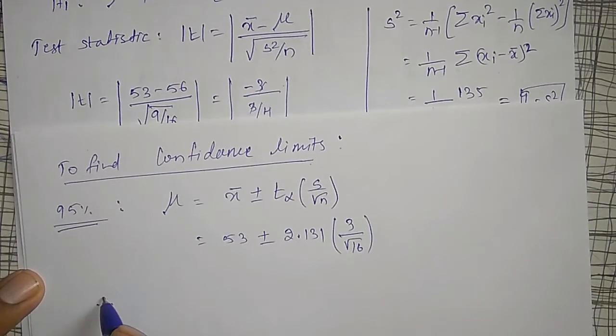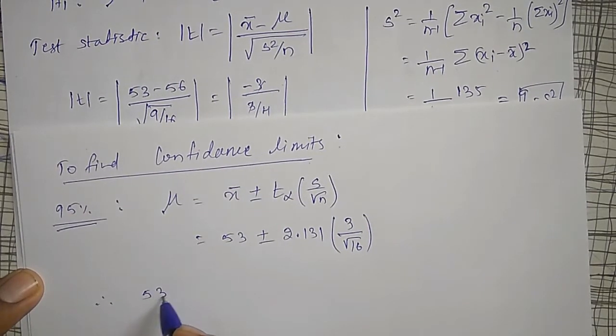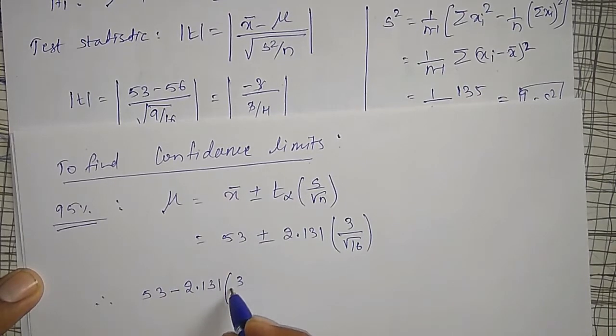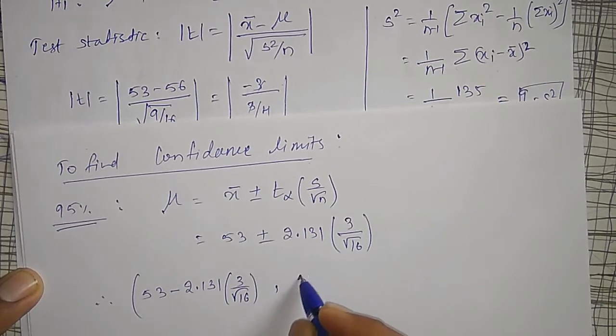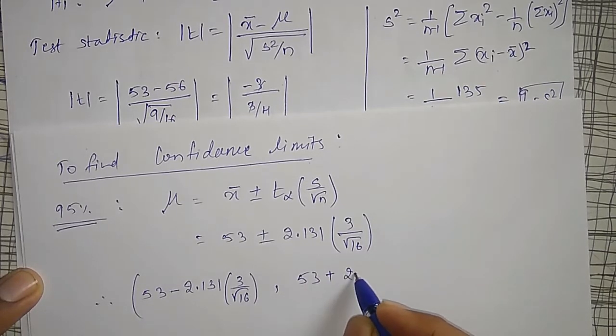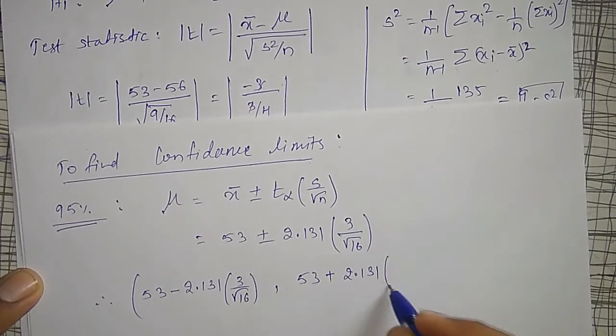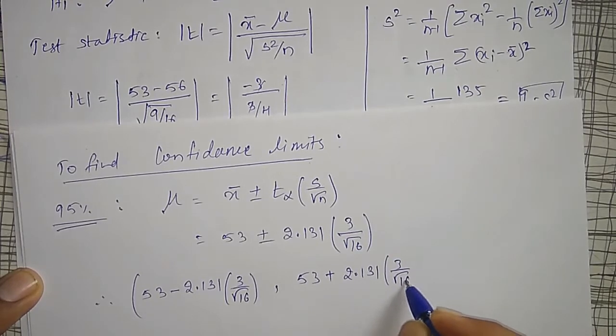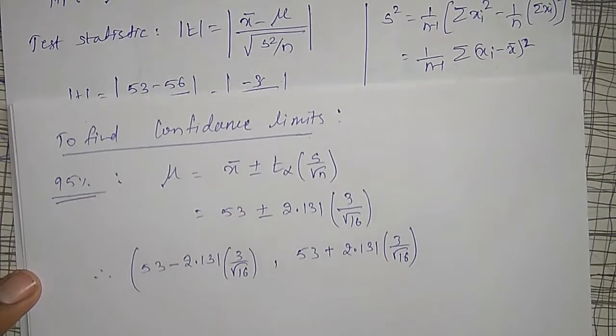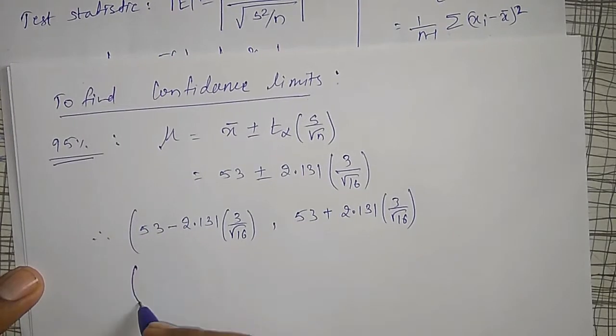Therefore, 53 minus 2.131 into 3 divided by square root of 16, comma, 53 plus 2.131 into 3 divided by root 16. These two I have to calculate. Using the calculator you can find this value.